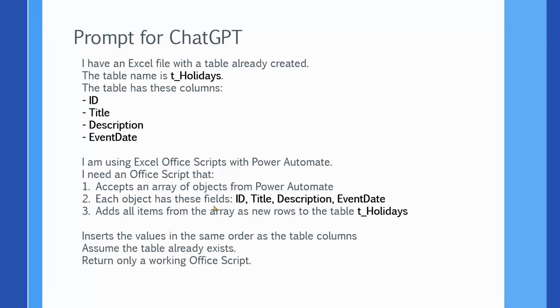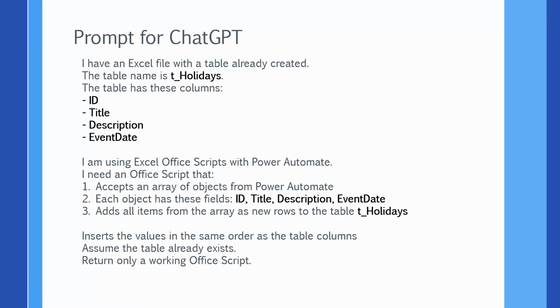Each object has these fields: ID, title, description, event date. It's an exact match with the table, and adds all the items from the array as new rows to the table T Holidays. Inserts the values in the same order as the table columns, assume the table already exists, return only a working Office script.